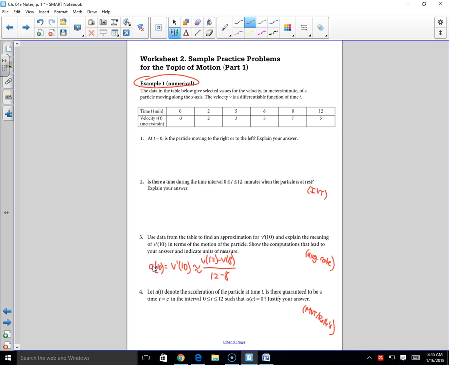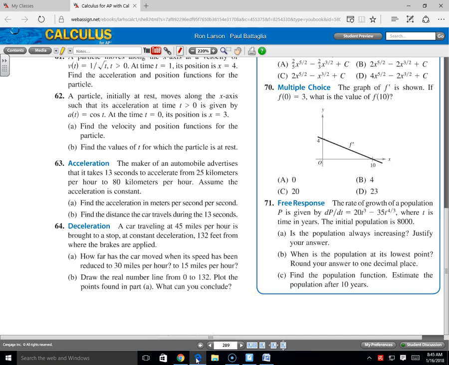But question, how can they, in the book problem, in number 63, ask us to find the actual acceleration, not approximate, not estimate, not be kind of close, when they give us a change in time and change in distance?